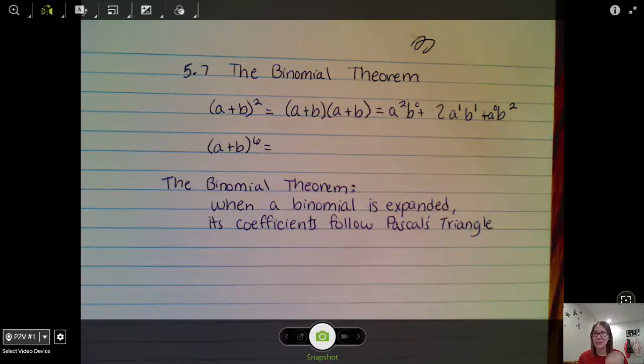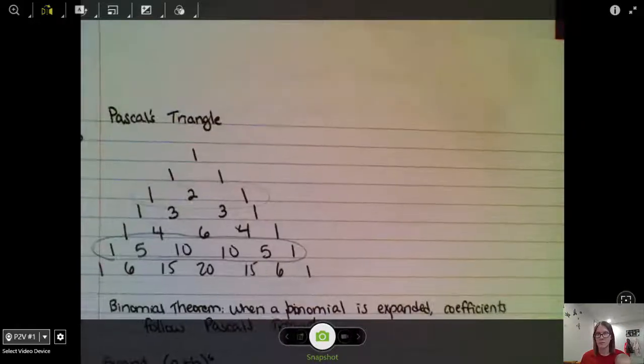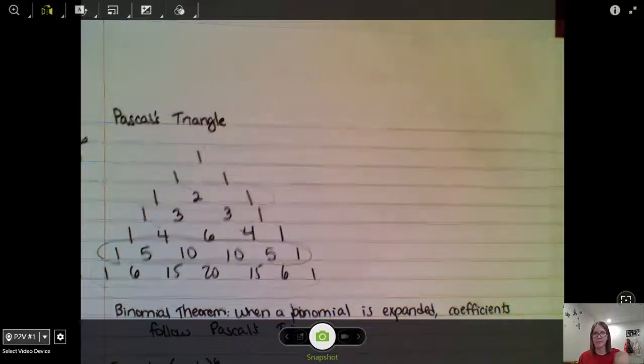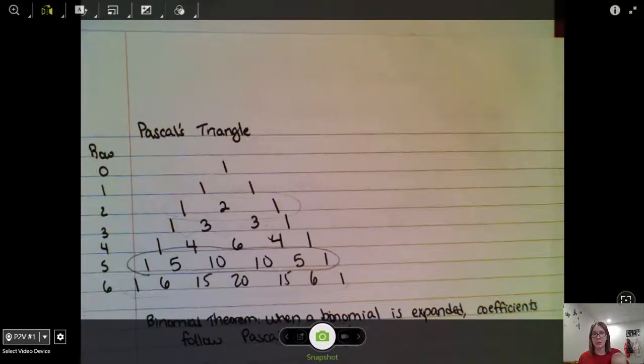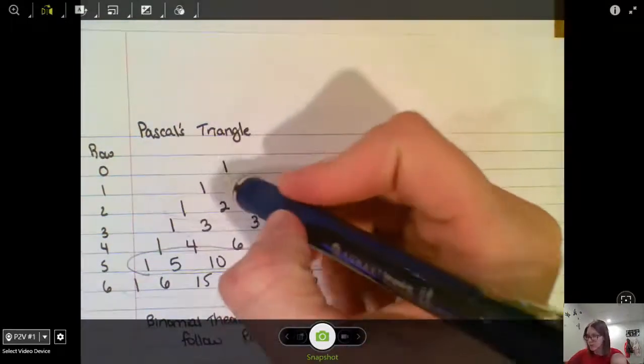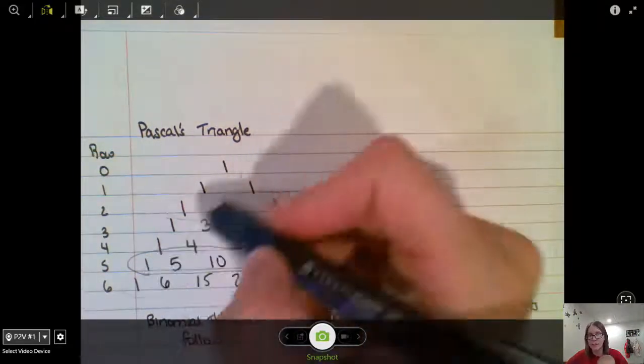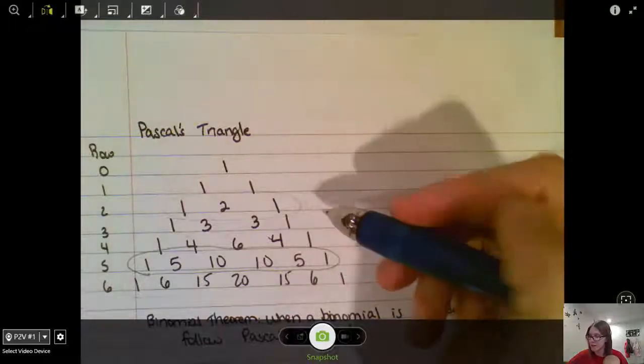Now, you've probably seen Pascal's triangle before. I don't know if you have learned its name before, but you've probably seen it. And I'll put a copy of Pascal's triangle up here. Now, notice in general, in our Pascal's triangle, we have ones going diagonally on each side.